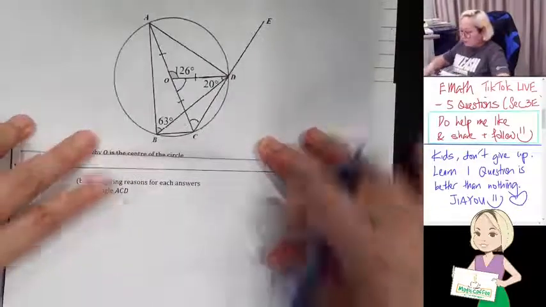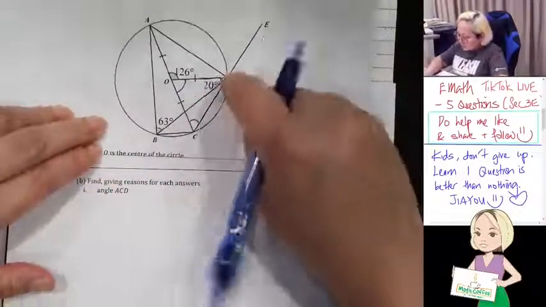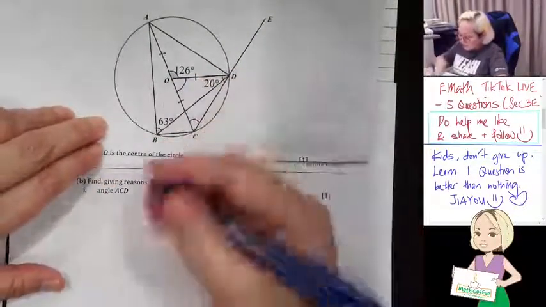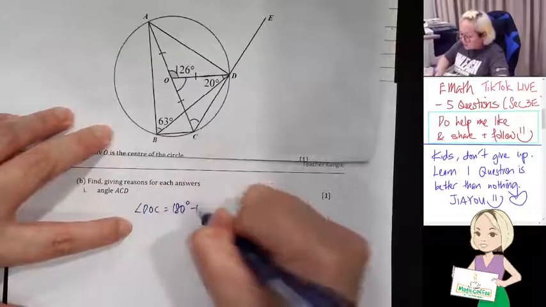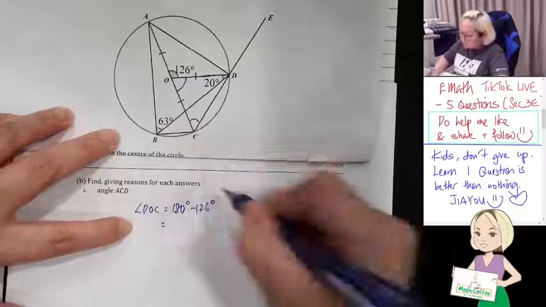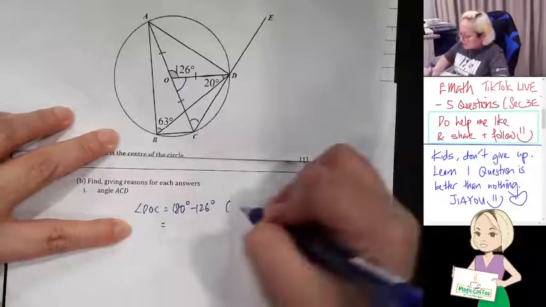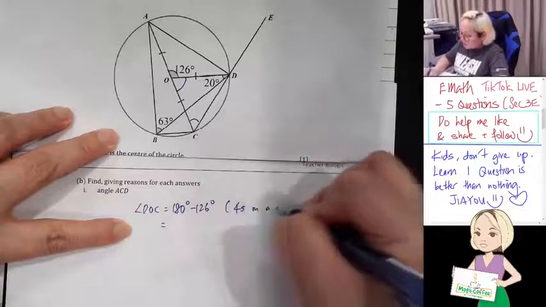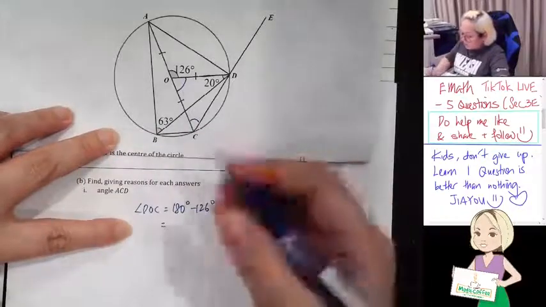So what I need to write is angle DOC. You will write angle DOC equals 180 degrees minus 126. The reason for this one, since they say give your reason for each answer, is angles on a straight line. So it will be 54.